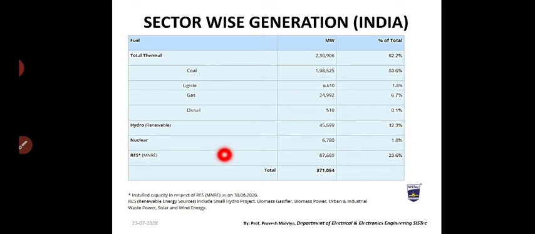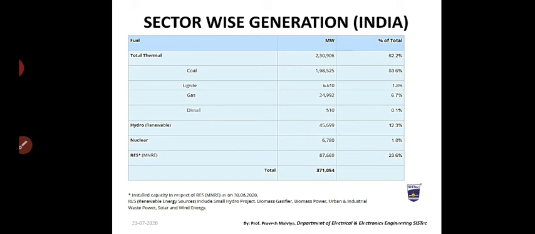This RES, renewable energy sources, contains various other generation sectors like photovoltaic, wind turbine, small hydro, and others. In capacity, 87,669 megawatts is being generated in this section. So this is the entire statistics till 30th June 2020 for our nation.